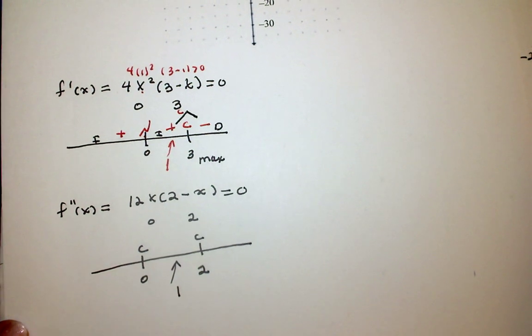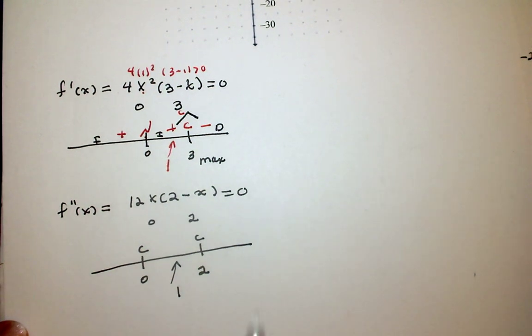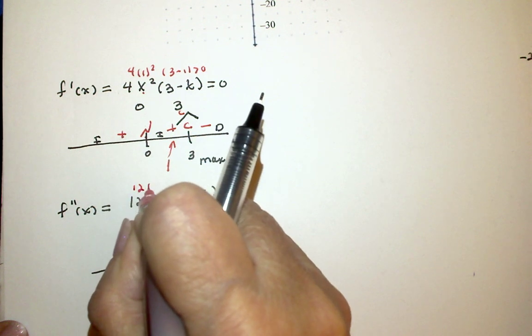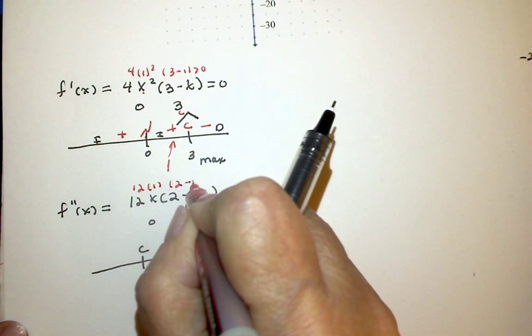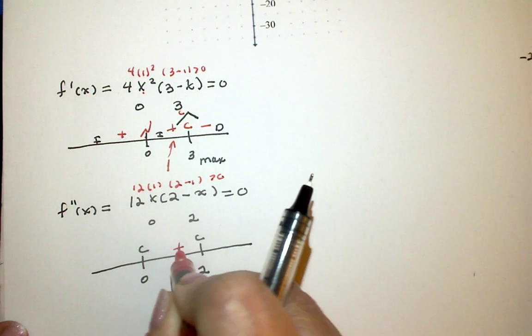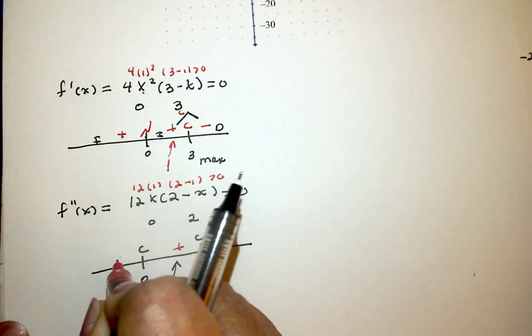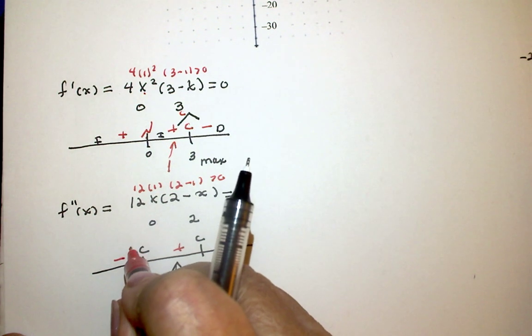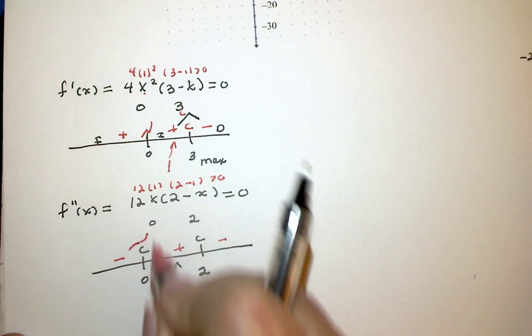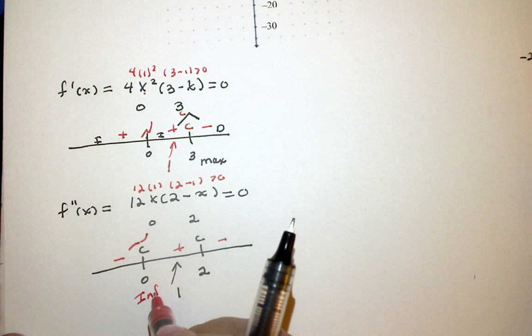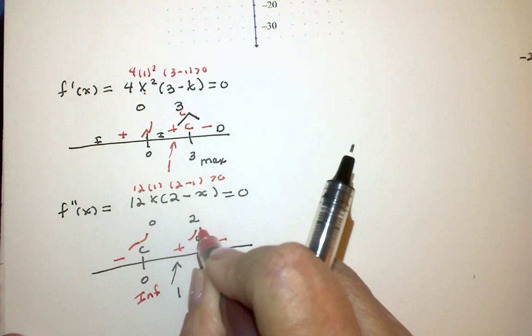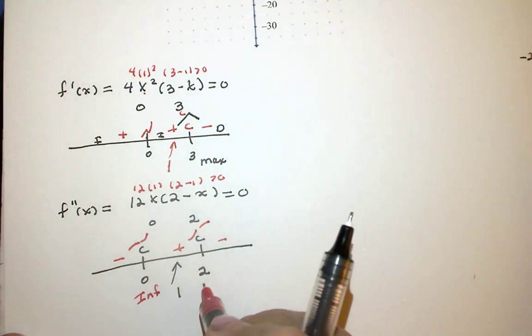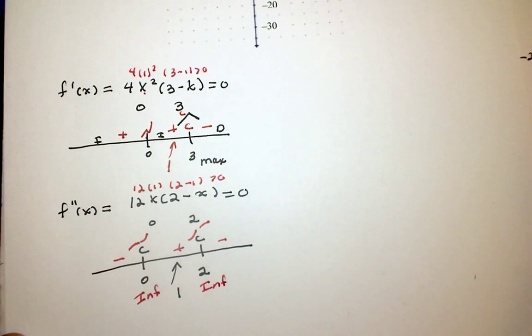So pick 1, and I will have 12 times 1, times (2 minus 1), so it's positive, negative, negative. So that says I have concave down followed by concave up, this is an inflection point, concave up followed by concave down, this is an inflection point. So two inflection points, x equals 0, x equals 2.